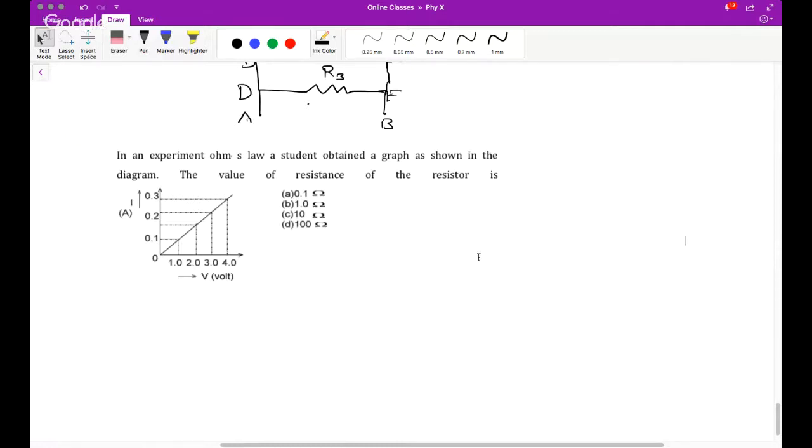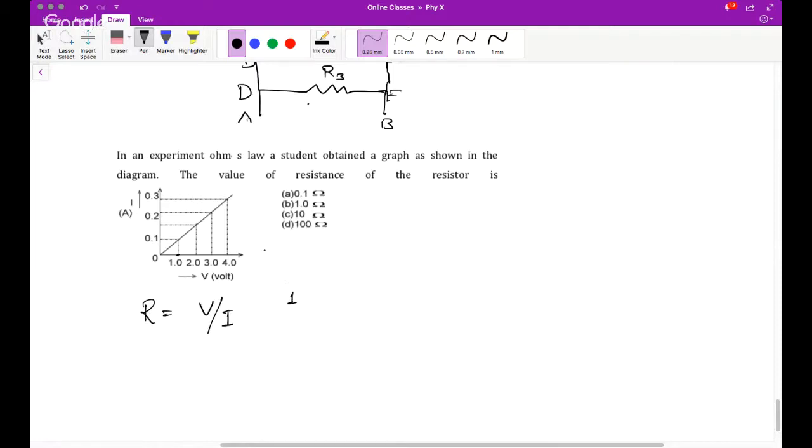Another says 0.1 ohm. Answer is 10 ohm. What is R? V upon I. Yep. What is V here? 1 volt.